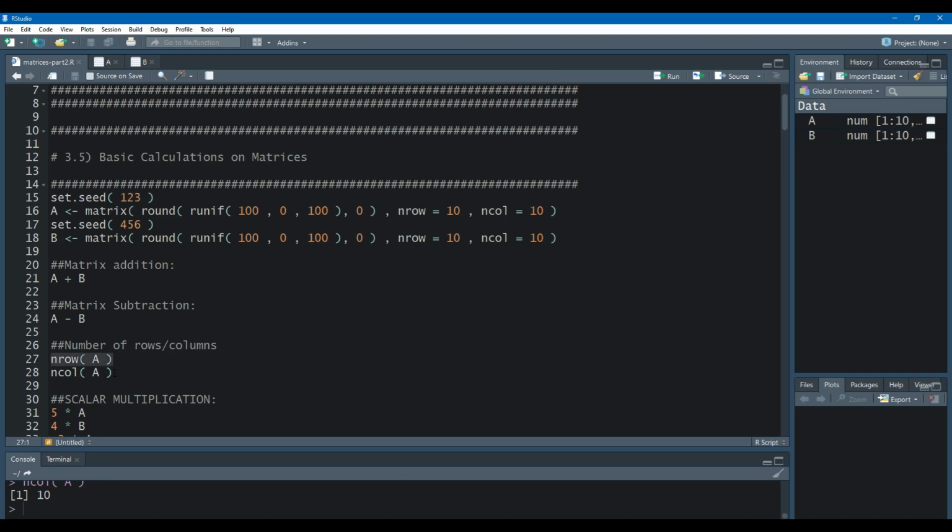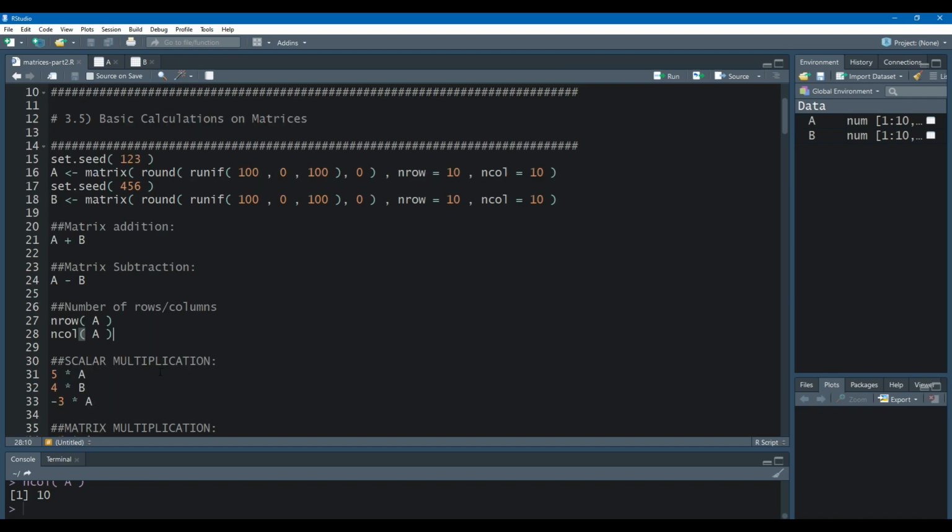Well, what nrow and ncol do is, instead of assigning a specific value, by calling these functions I can automate certain processes so no matter what the dimension of the matrix, I can use those functions to just iterate right through it. So it doesn't have to be a specific dimension. It can be any dimension with any number of rows and columns. And by using these functions, I can automate certain processes, iteration techniques, things of that nature.